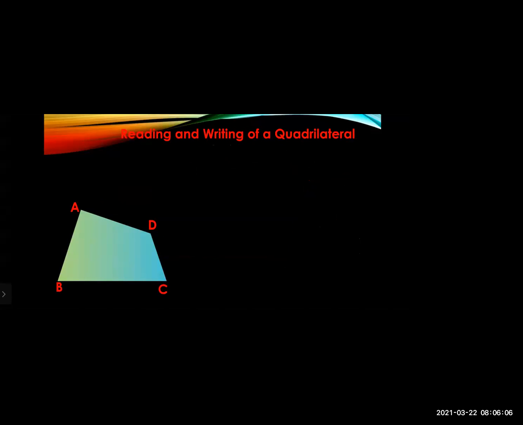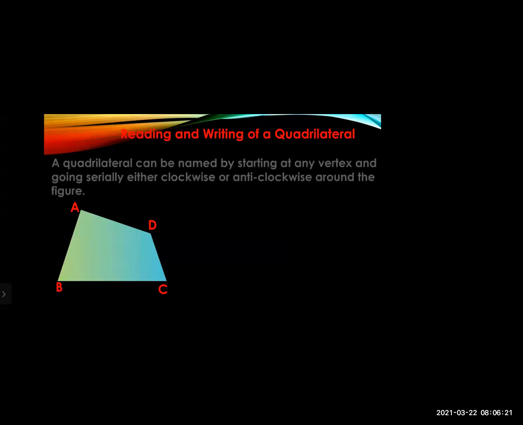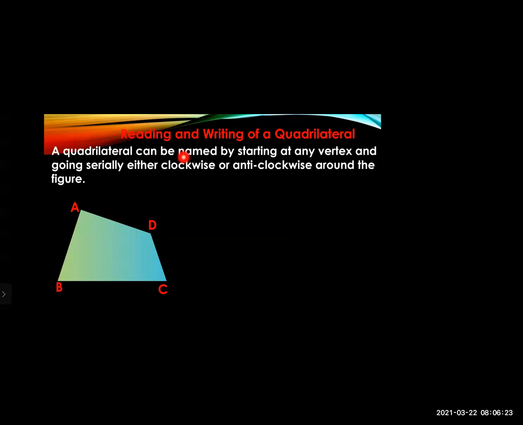Now, reading and writing of a quadrilateral. Whenever you see a quadrilateral figure, how do you have to read? You can read it in a clockwise way or anti-clockwise way. A quadrilateral can be named by starting at any vertex and going serially either clockwise or anti-clockwise around the figure. So let's see the reading.